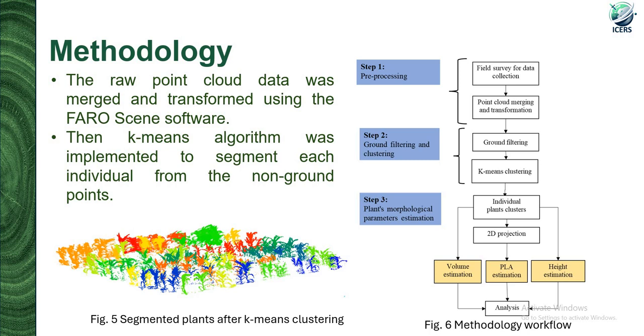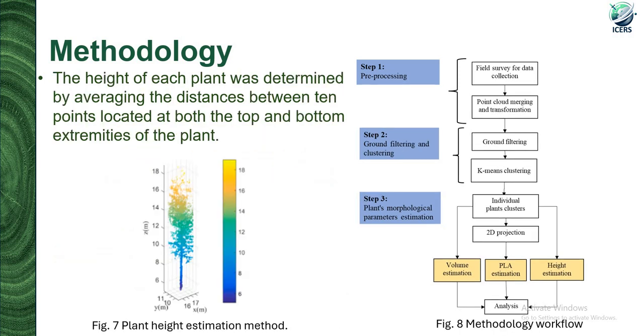Here I will discuss the overall methodology of this study. After the data collection from the cabbage and maize crop fields, the raw point cloud data was merged and transformed to a common coordinate system. After merging the 3D scans, the ground points are filtered using CloudCompare software.